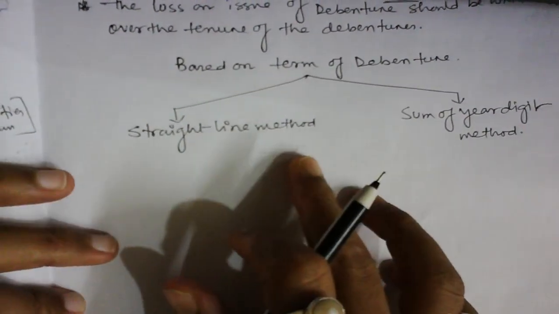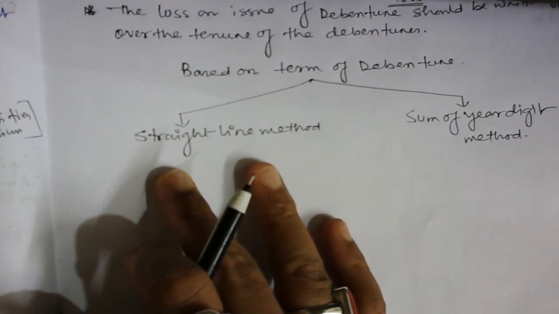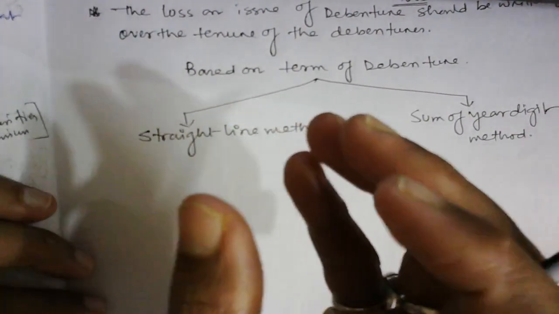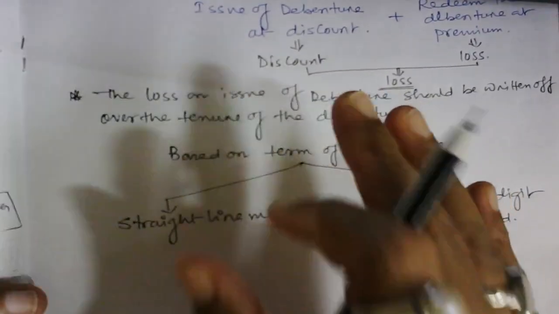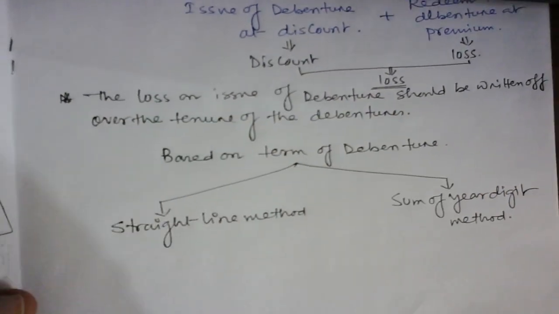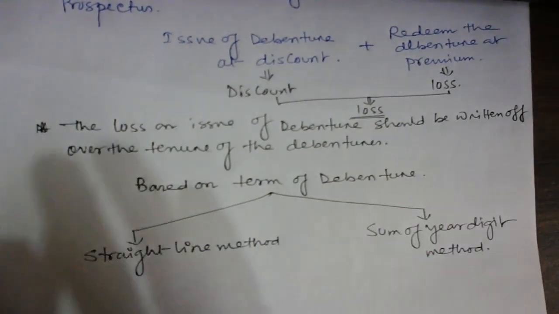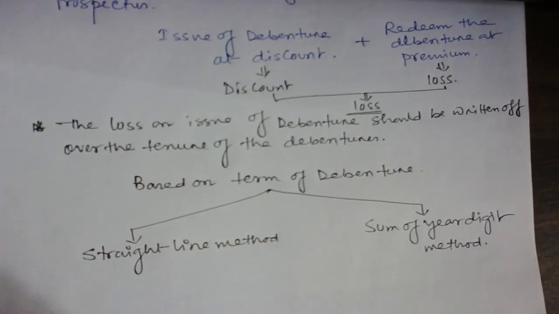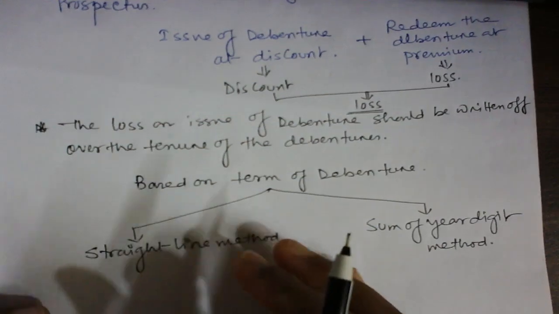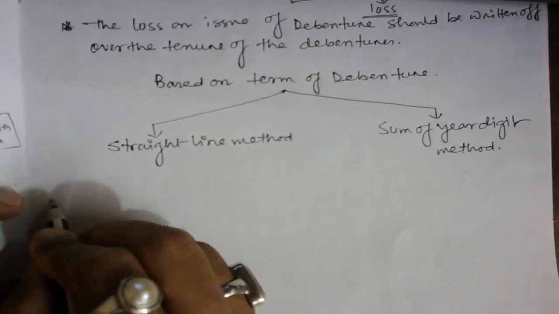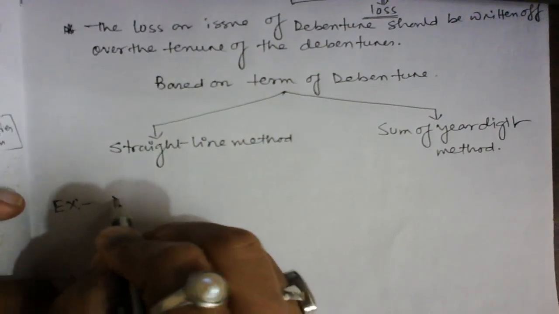Straight line method. In this method, each and every year, the amount of the loss or discount to be written off should be equal. Suppose you have issued debenture at 50,000 rupees discount. So the discount amount is how much? 50,000 rupees.